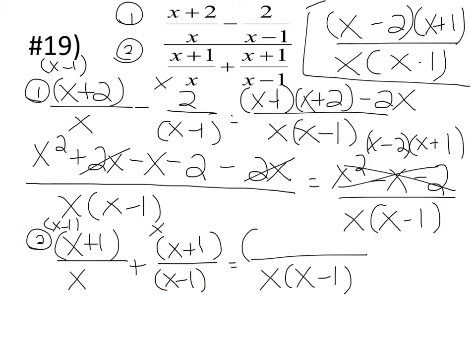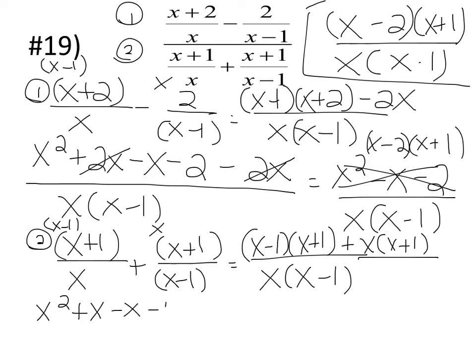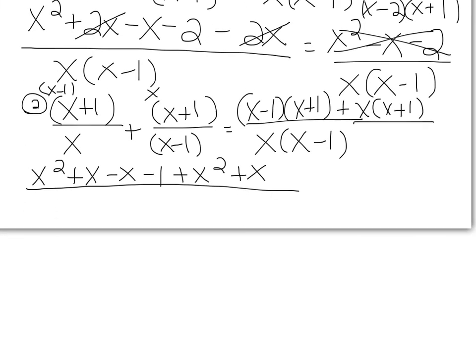So you have x minus 1 times x plus 1 plus x times x plus 1. So this is going to become x squared plus x minus x minus 1 plus x squared plus x, all over x times x minus 1.